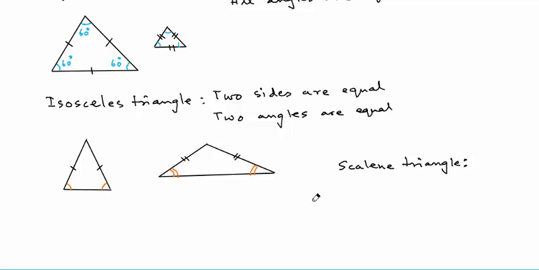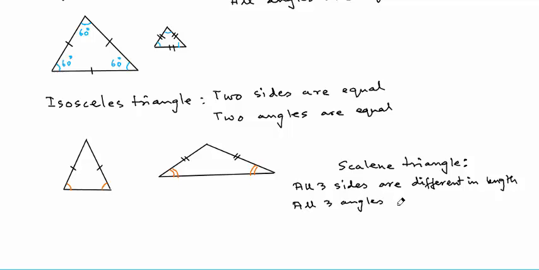In a scalene triangle, all 3 sides are different in length, and all three angles are different in their measure, let's say in degrees, different in measure.